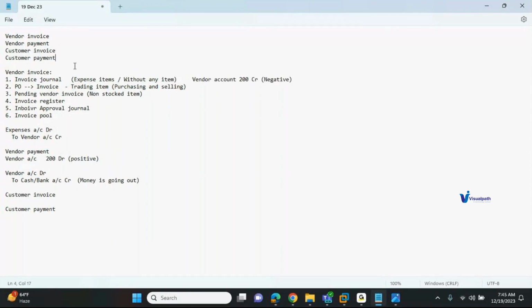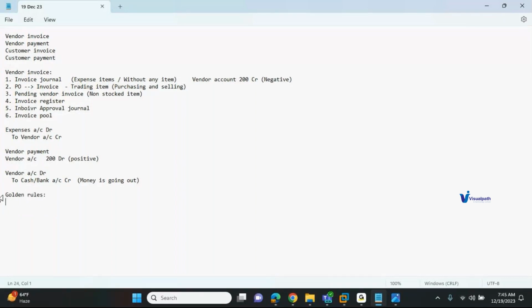These 4 transactions you are going to learn over at least a week, 7 to 10 days. Before that, we'll try to understand golden rules.